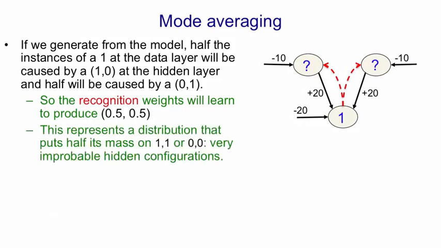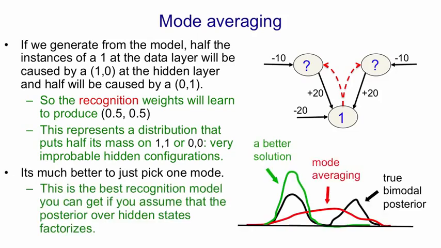Now that factorial distribution puts a quarter of its mass on the configuration 1, 1, and another quarter of its mass on the configuration 0, 0, and both of those are extremely unlikely configurations given that the visible unit was on. It would have been better just to pick one mode. That is, it would have been better for the visible unit just to vote for truck or just to vote for earthquake. That's the best recognition model you can have if you're forced to have a factorial model.